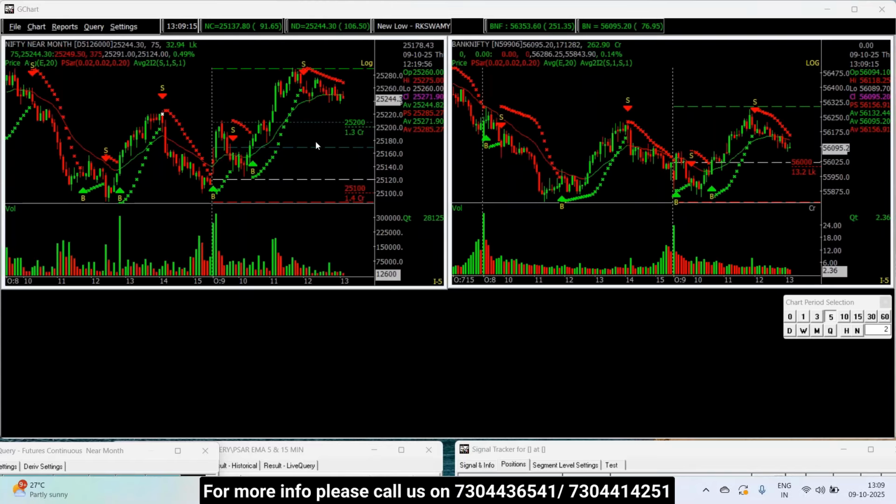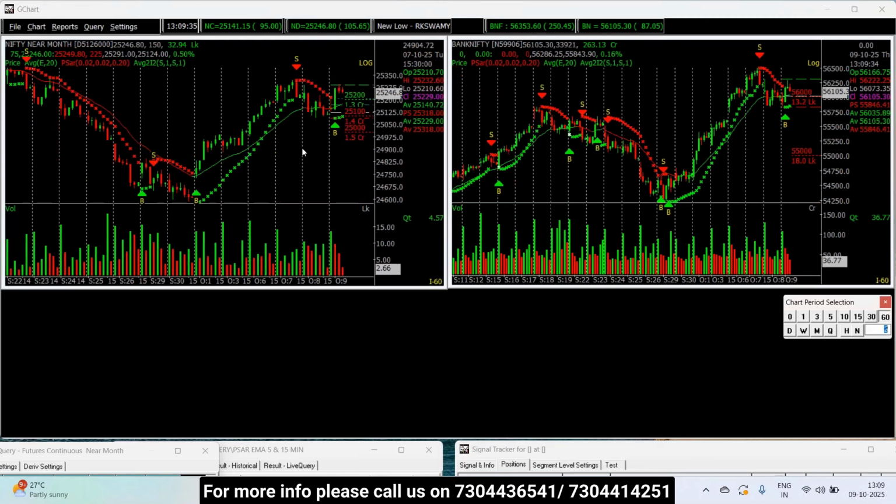Before we begin today's session, let's take a moment to look at what happened in the markets over the past couple of days. If you have been following the markets, Nifty and Bank Nifty have rallied recently. I'll show you. As you can see in Nifty, there are strong uptrends from the past couple of days.